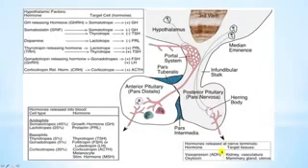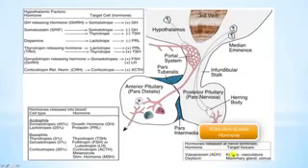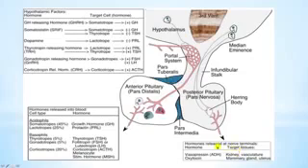The 2 hormones that will be released from here will be vasopressin, also known as ADH, and this will have an important function in the water reabsorption in the collecting tubules of the kidneys. The other hormone will be oxytocin. This is important for uterine contraction, so to facilitate labor, but also is important in mammary gland contraction, so to facilitate lactation.